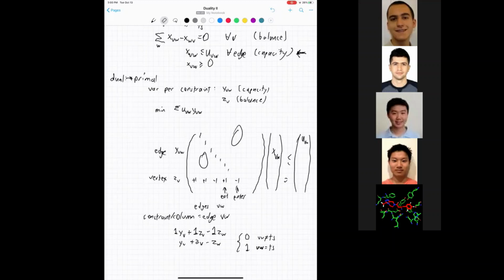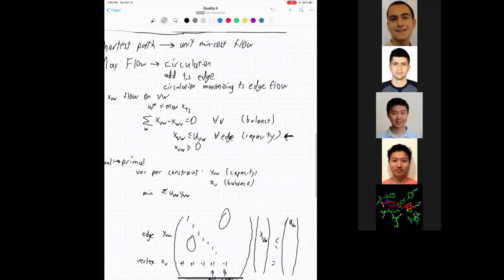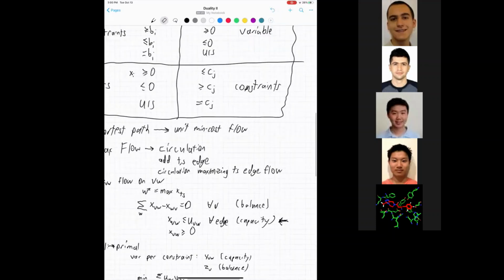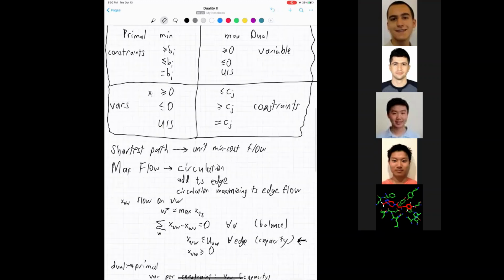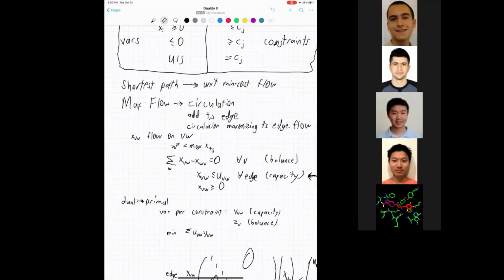What sort of equality or inequality do we use to relate the left-hand side and the right-hand side? How do we decide that? Well, we go back to the cookbook. We see that the shape of the inequality comes from the type of variable that we're working with: non-negative, non-positive, or unrestricted. So if we look at our initial linear program, those are non-negative variables, XVW greater than or equal to 0.